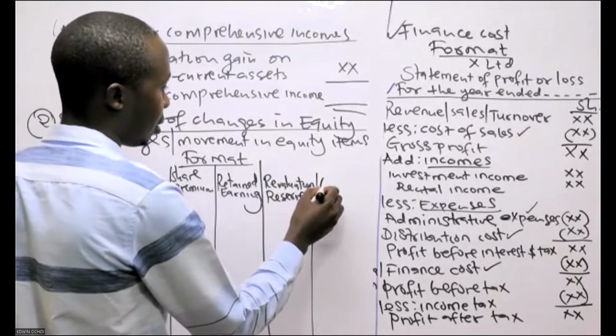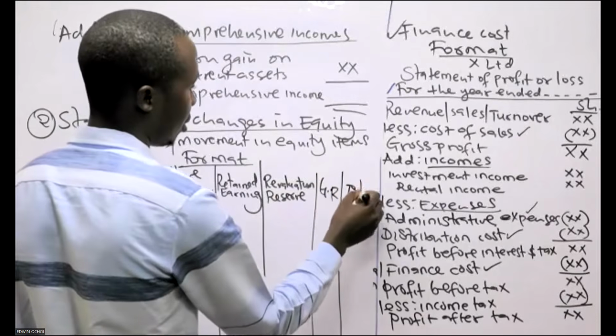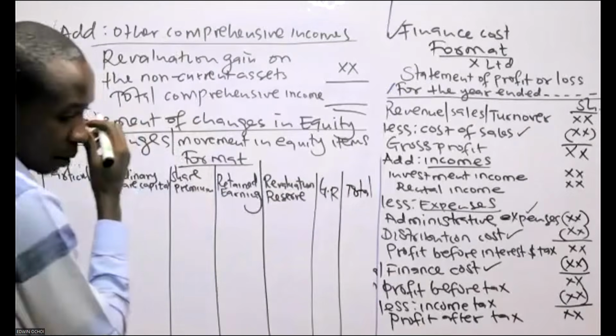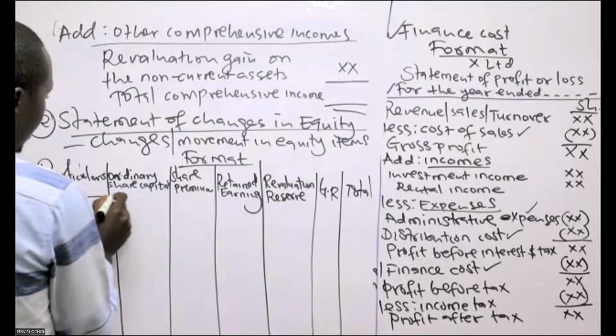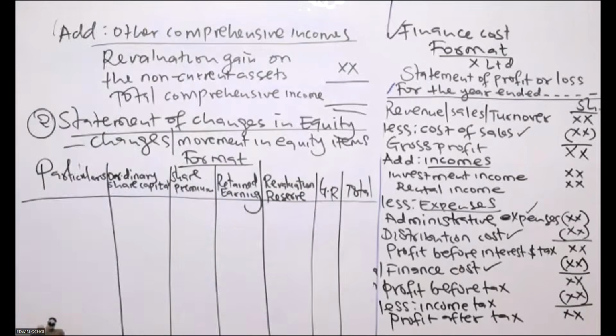Can we include the general reserves? We can have the general reserves, then we have the total.